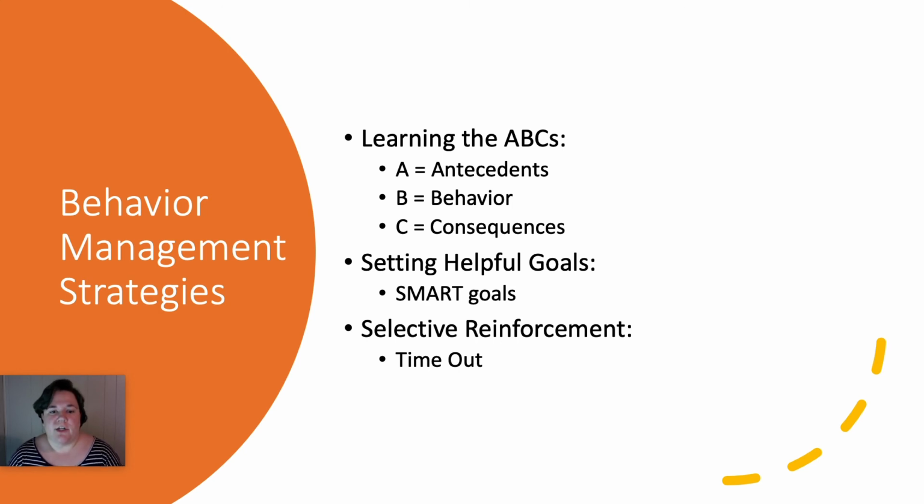One such strategy is to set helpful goals. Many of you have probably heard of SMART goals, where the goal you set is specific, measurable, attainable, relevant, and timely. So if you can set a SMART goal, it narrows your focus to try to do something that will offset the bad behavior.